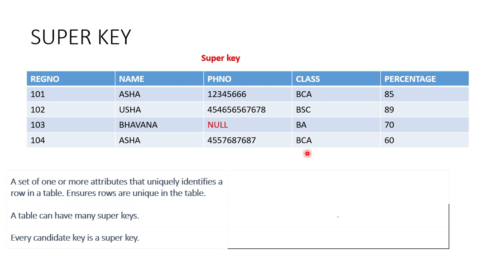No, because BCA is repeated. Can we give it for percentage? No, because percentage may get repeated. Can you give name as a super key? No, name gets repeated. Can you give the register number as a super key? Yes, you can. This will not allow duplicate values, but it will allow null values. So it depends on the requirement that we use.